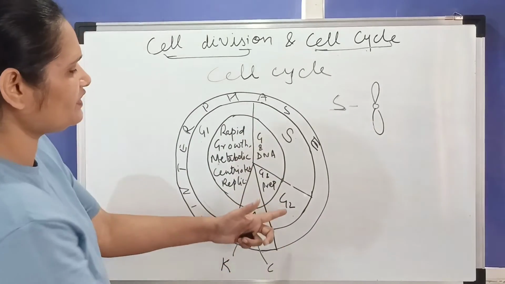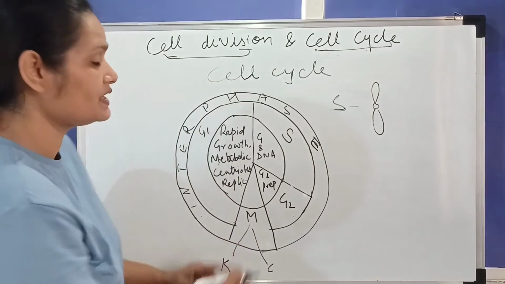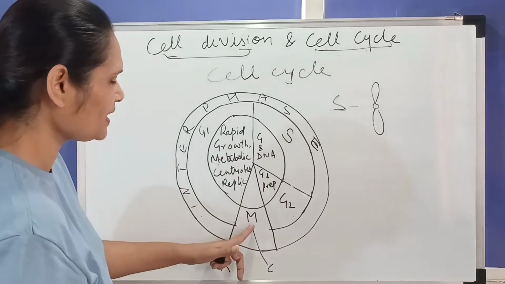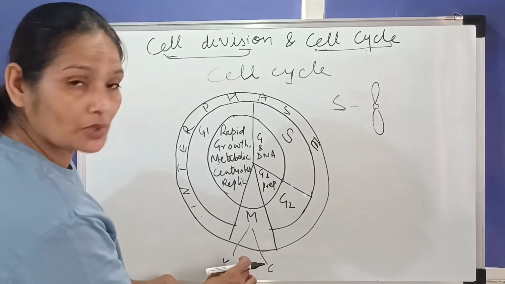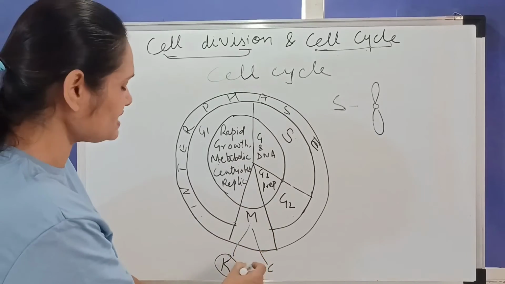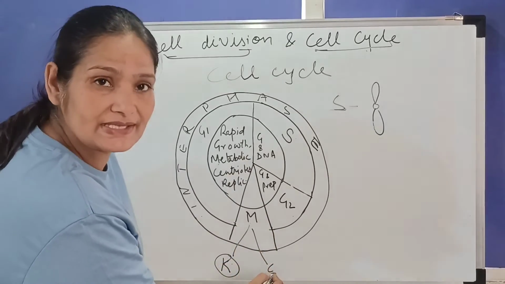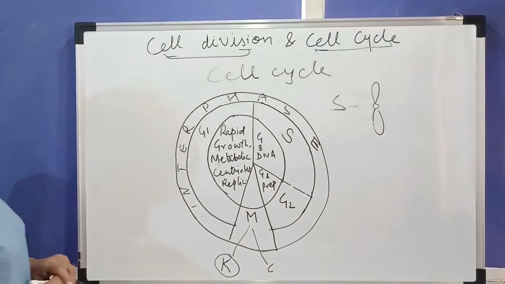That is why interphase is called the phase in which the cell is preparing itself for division, and then the cell enters the mitotic phase, wherein the cell divides into daughter cells, and karyokinesis and cytokinesis take place. So this is the cell cycle.